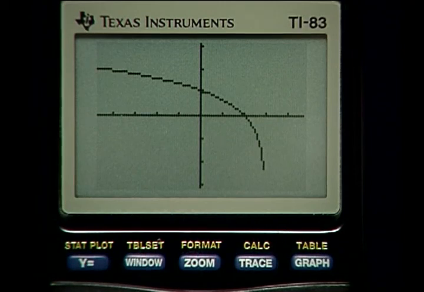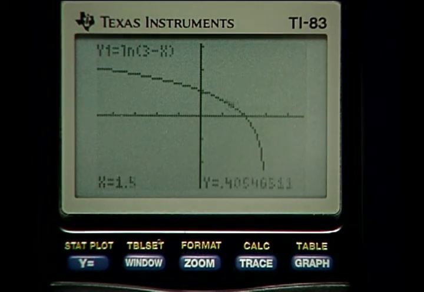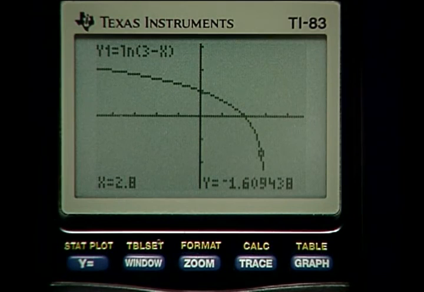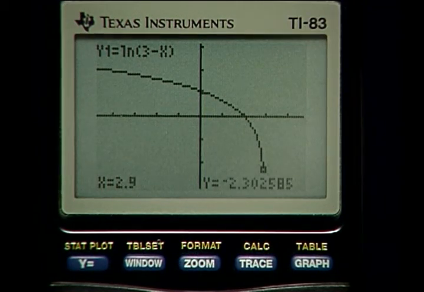To verify that further using the trace button, we can trace over and get near 3. As we come near 3, I'm at 2.8, 2.9, and when I cursor over to 3, there's no definition for y. So the x's are defined for only values that are smaller than 3, as we expected from the calculation of our domain.